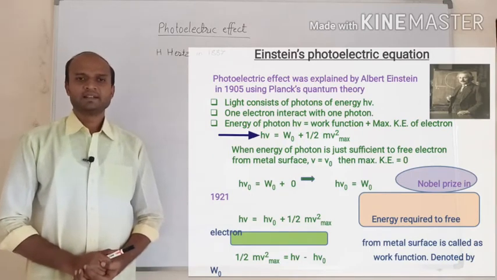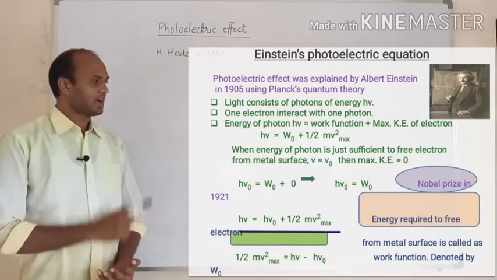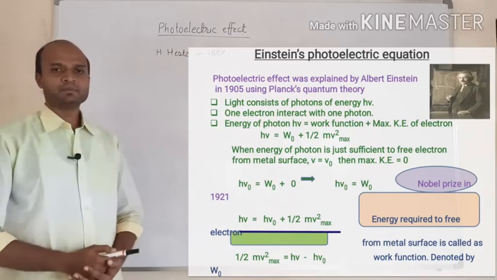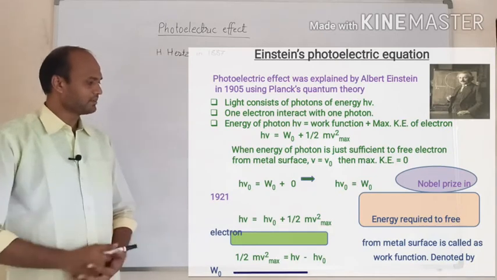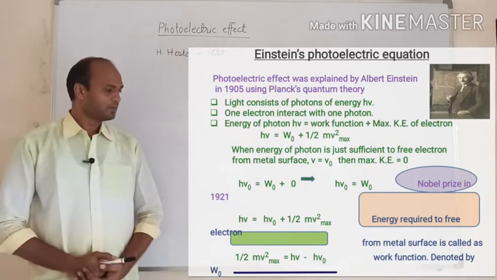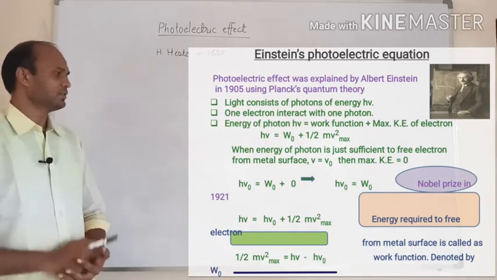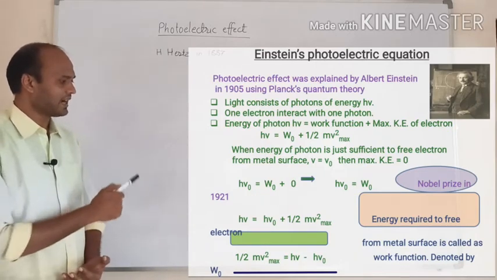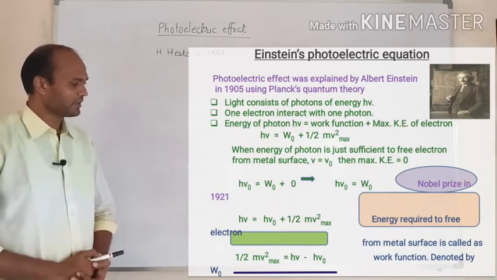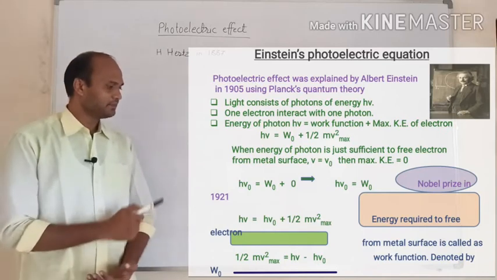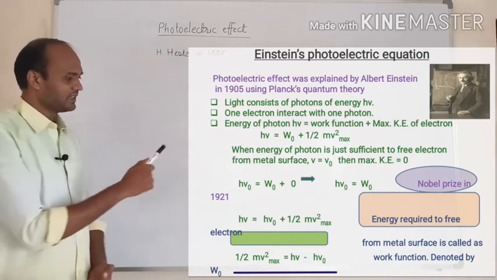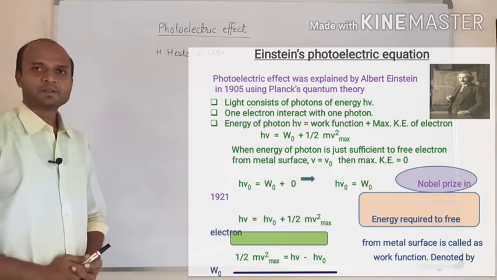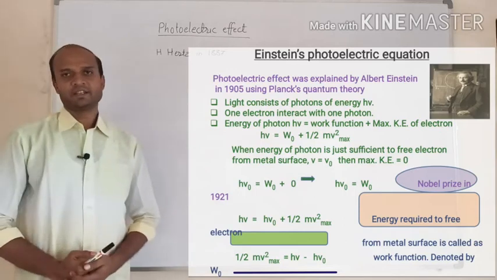Then we get h nu is equal to h nu 0 plus half m v maximum square, and simplifying, half m v maximum square is equal to h nu minus h nu 0. If we take h common, then half m v maximum square is equal to h in bracket nu minus nu 0, and this equation is called Einstein's photoelectric equation.